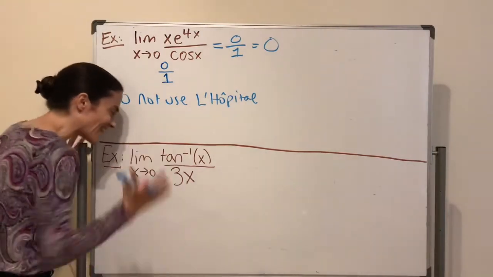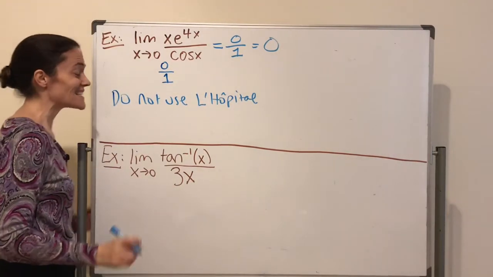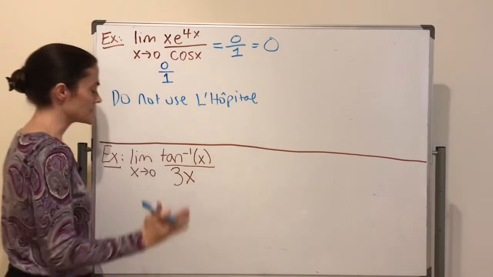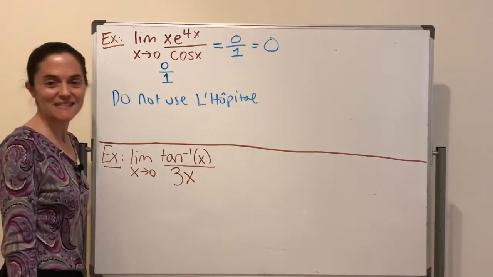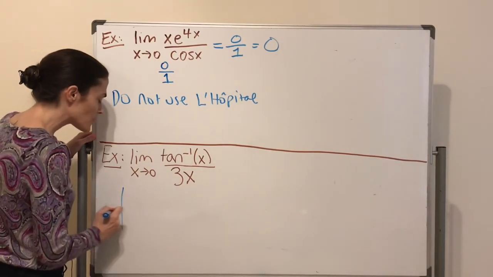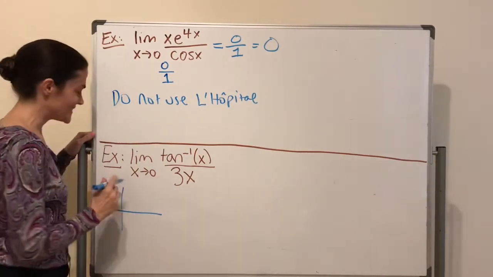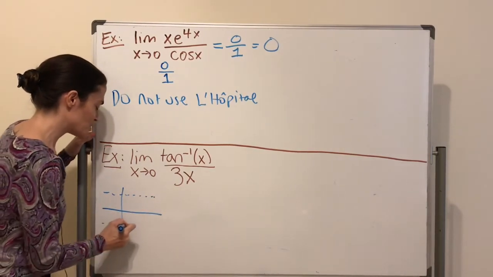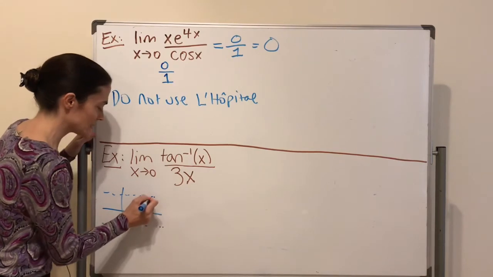Okay? Now, this one, it's the tan inverse of x divided by 3x. And we want the limit as x approaches 0. Well, tan inverse, as you know, hopefully you know, is my favorite of the inverse trig functions.